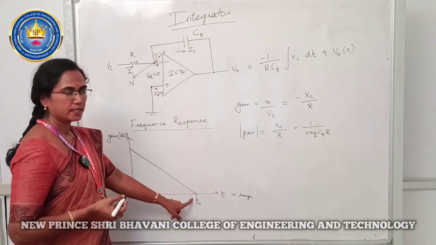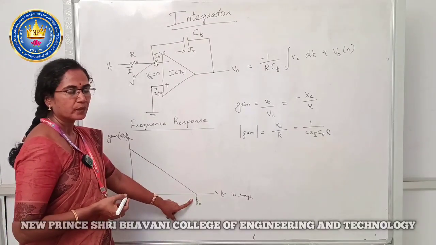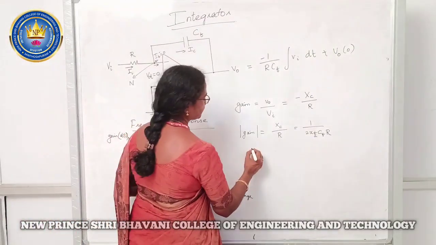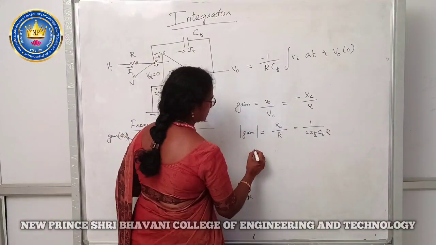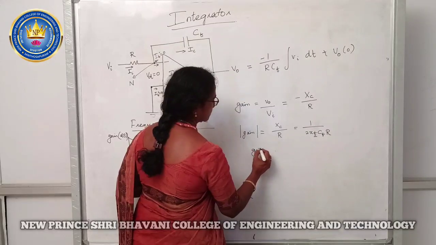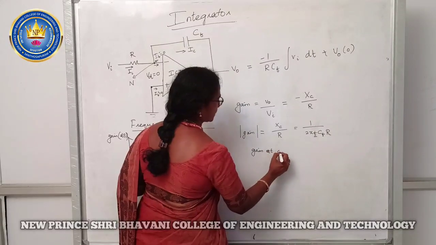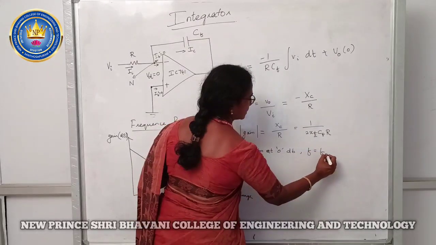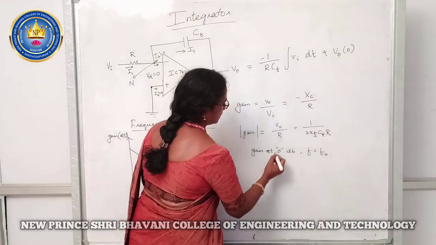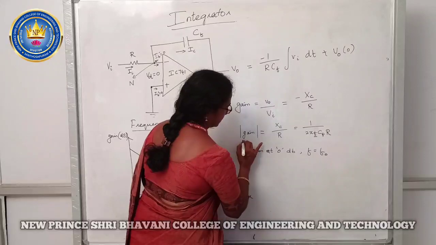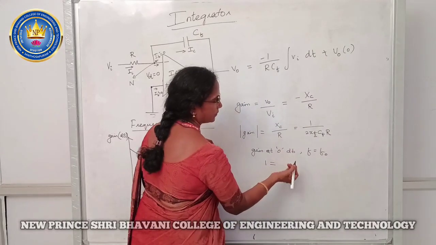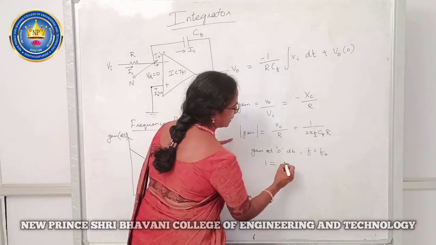And at one point, say it is FO, the gain touches this 0 dB line. So here the gain at 0 dB, frequency will be F0. So 0 dB in magnitude will be 1. So for 0 dB, if you calculate it in magnitude, it will be 1.